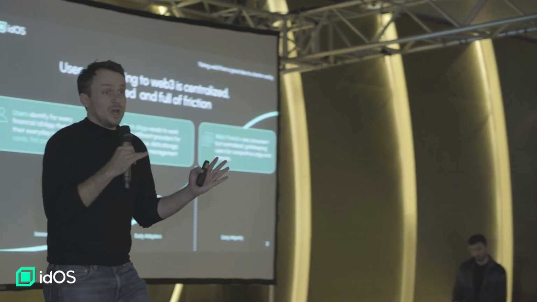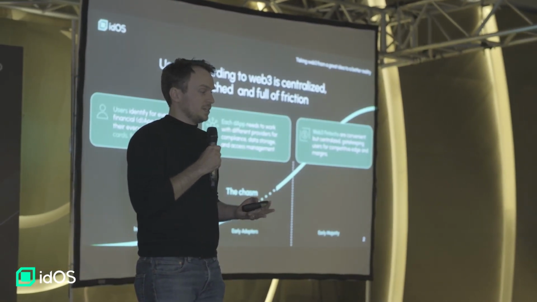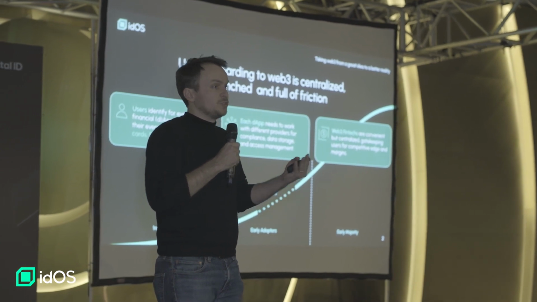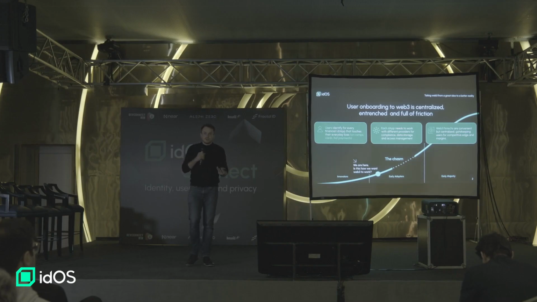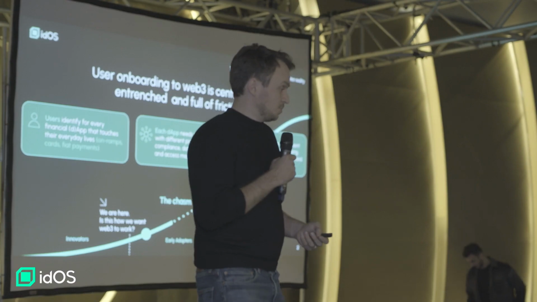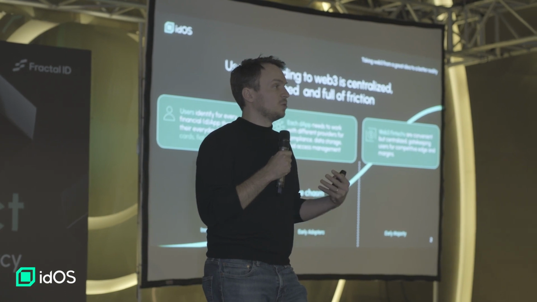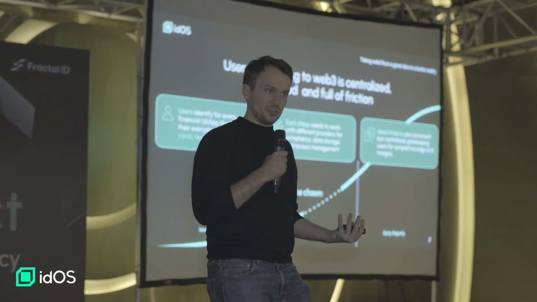So, where are we at in terms of user onboarding? Right now, when users come to a certain dApp, and there is a regulatory reason for identity, or you want to make sure that there's not a bot coming in, you have a problem because there is no standard way, no easy implementation how to fix it.